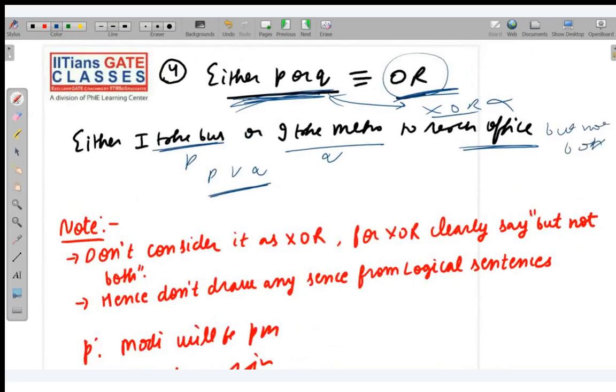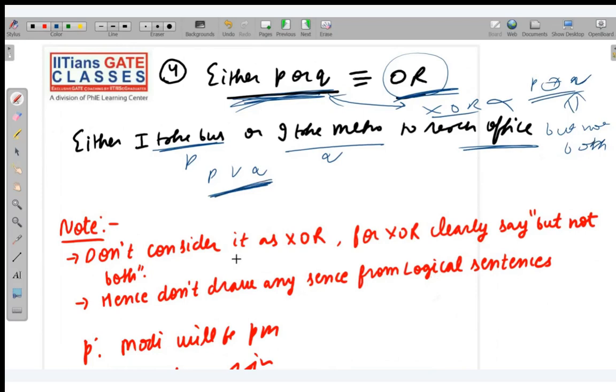If this line is also written in the question, then you will say it is nothing but P XOR Q, exclusive or. That means either this is true or this is true, both are not true at the same time. Here both can be true at the same time also. If but not both is there, then you will say P XOR Q. If but not both is not there, then you will say P or Q.